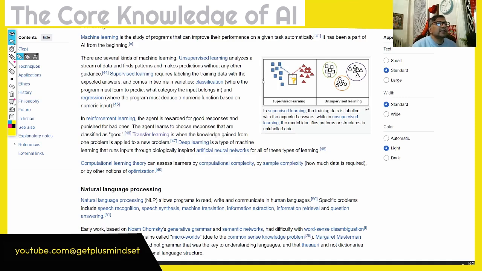In supervised learning, you get labeled data for training the model, and there are two main varieties. One is classification, where the program learns to predict what category its input belongs to, and another is regression, where the program must predict based on some numeric input.